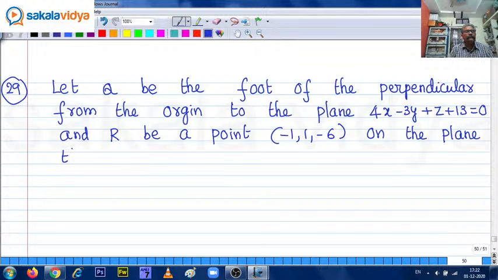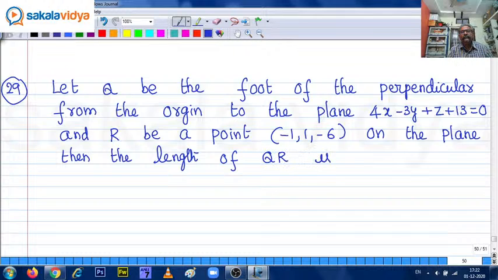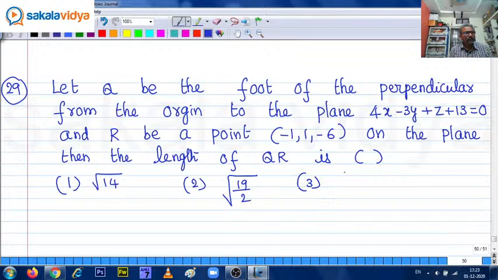Then the length of QR is: first option root 14, second option root 19 by 2, third option 3 times root 7 by 2, not cubed root, 3 times. Fourth option is 3 upon root 2.